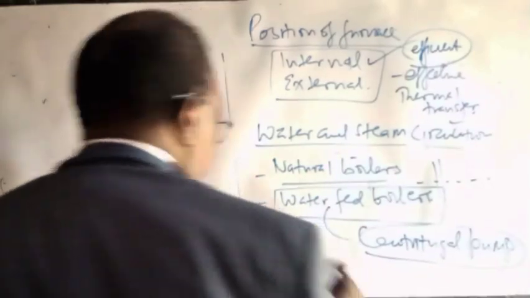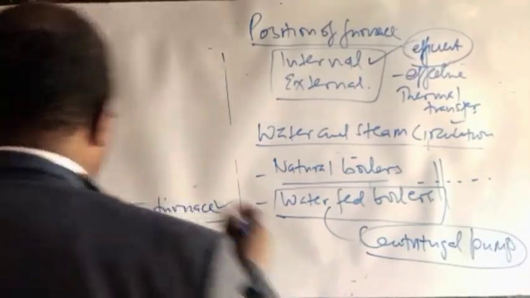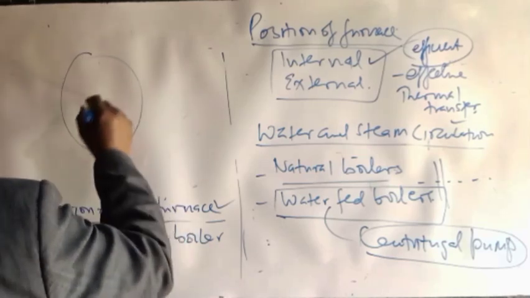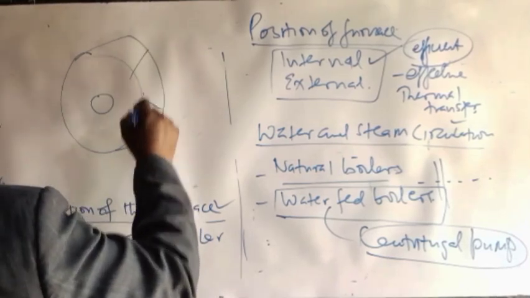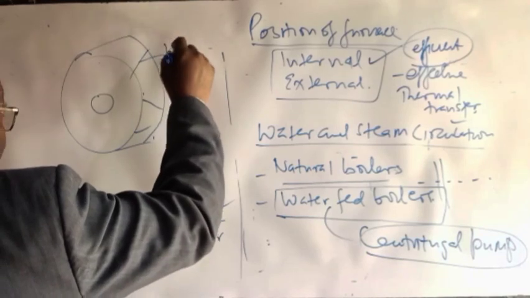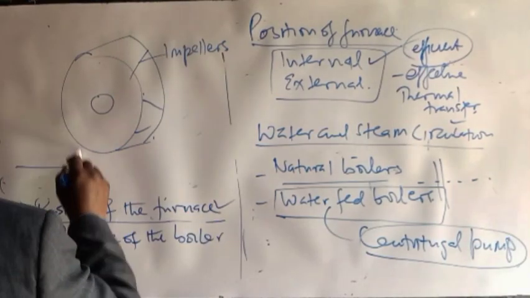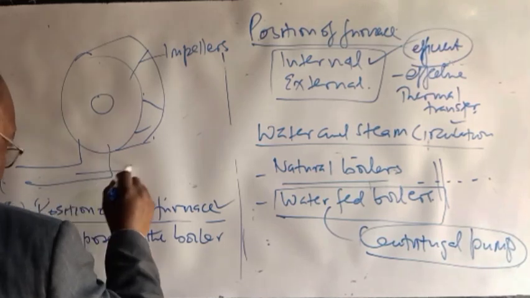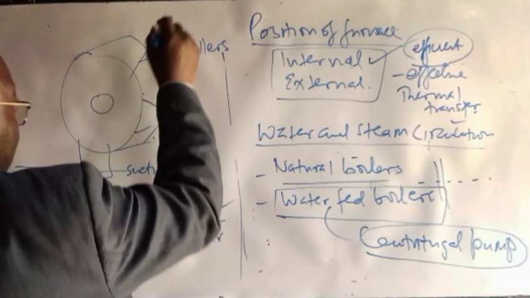And the centrifugal pump is just for your information so that you are not completely lost. So we have our system here. Let's say that's the centrifugal pump. We have a system of impellers. These are called impellers. And so you have your suction side and you have your pressure side.